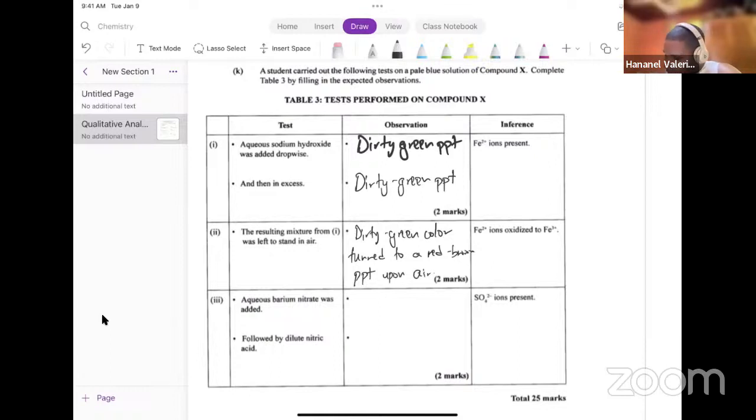So you get your 2 marks for saying the color change that happened. It changed color to a red brown precipitate. Of course that is the iron 2 oxidizing to the iron 3 by this reaction. So this is what is happening in air.